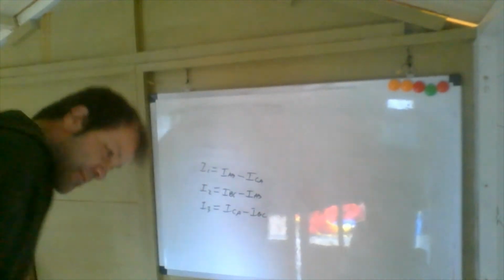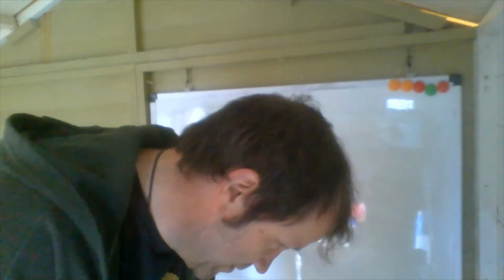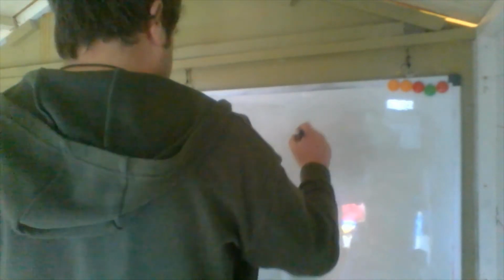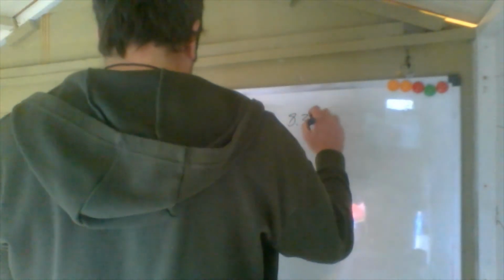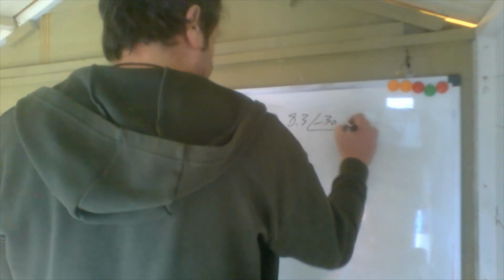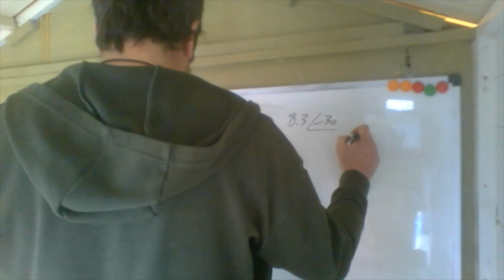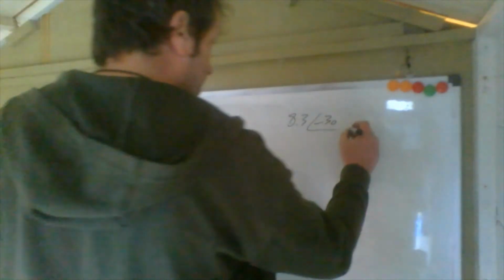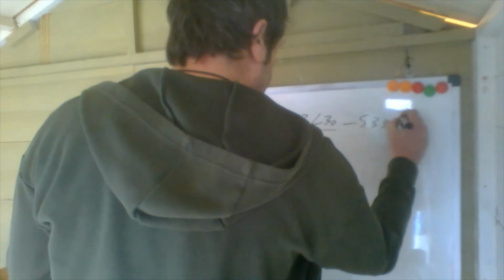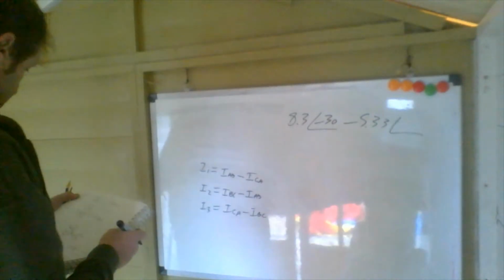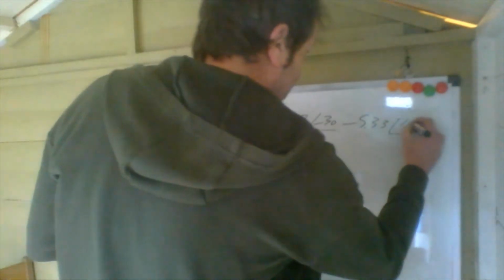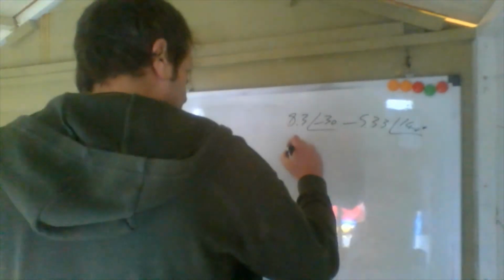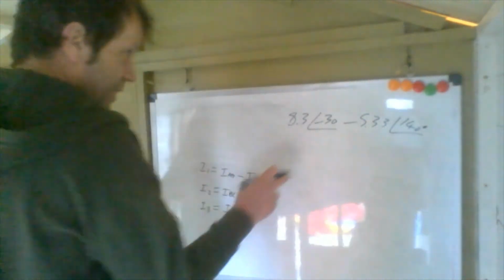Sorry, the current, remember here, I1 equals IB minus ICA and all that. I can't remember, what were the currents? Yeah, I've got them here. So that would be 8.3 at minus 30 minus current CA, which is 5.33 at an angle of 140. Right, and what you do, you'll split that into its different components.